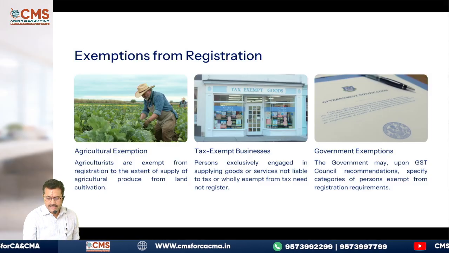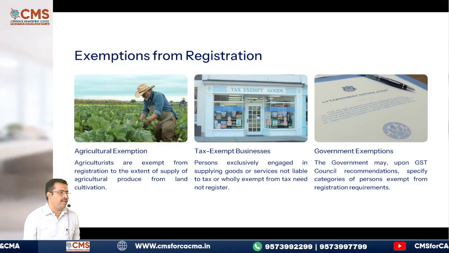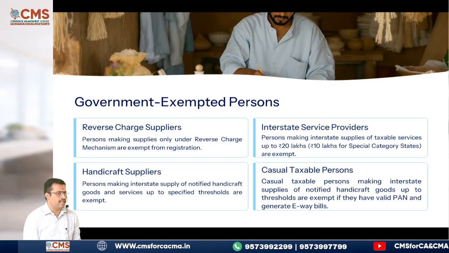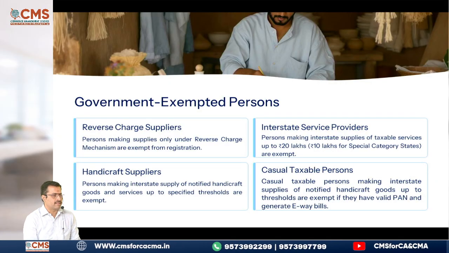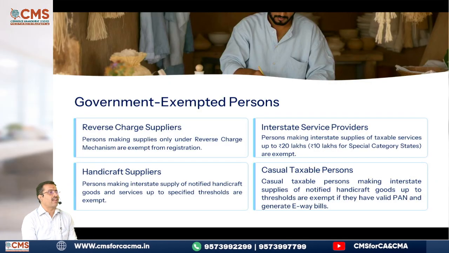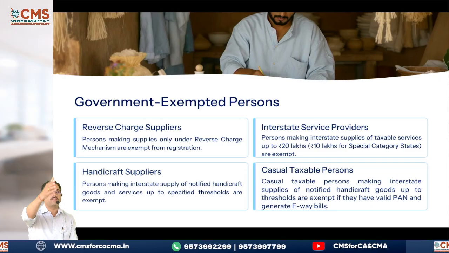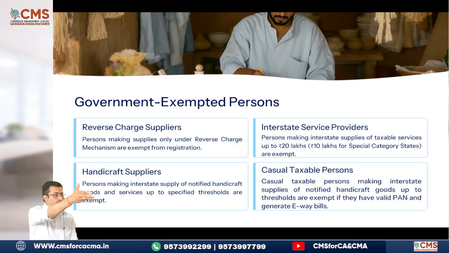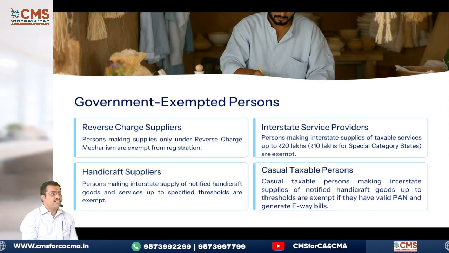Okay. So let's see some people who have already been exempted by the government. So see the next one. Government exempted persons. Those who are only reverse charge suppliers. Now this comes by virtue of notification number 2/2017. I was showing you yesterday. Reverse charge.